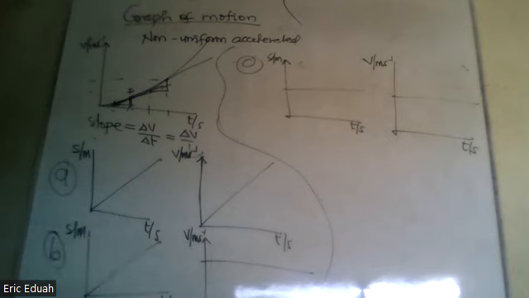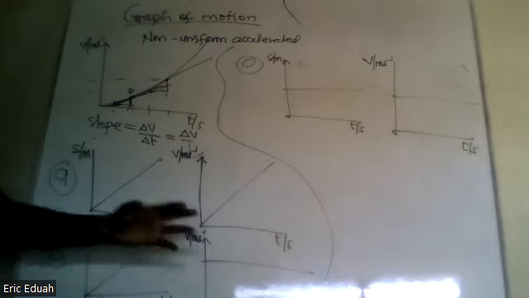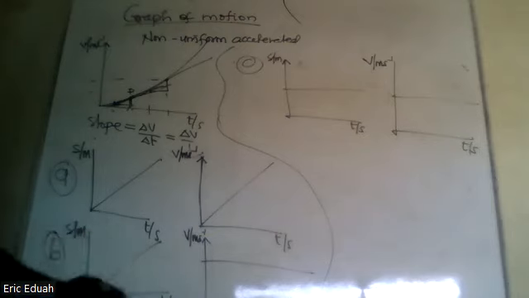Let's come here. What do you see? As for the second one, the body does not accelerate, but has a constant velocity. Why doesn't the body accelerate? This is because at every given time the velocity remains the same. Good. So zero acceleration with a constant velocity.